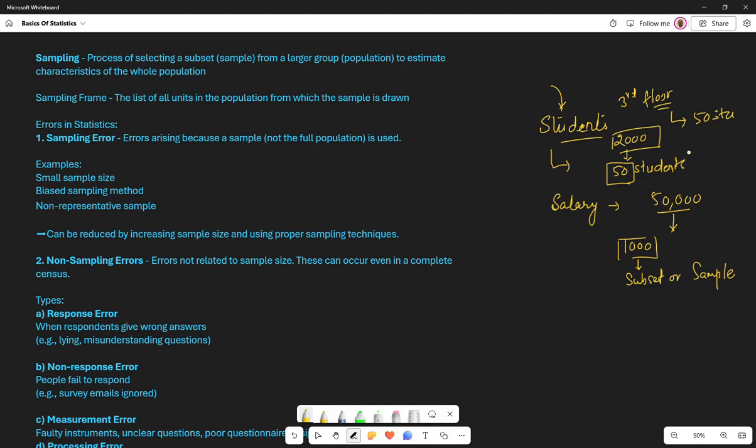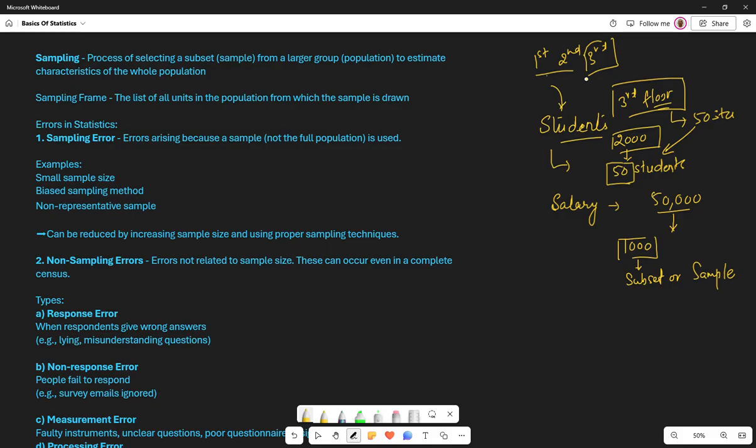So this sample has been taken only from the third floor. If there are 3 floors in the school, first, second and third, I chose only the third floor to select my sample. First and second I left. So this is called your sampling frame. The third floor is your sampling frame.